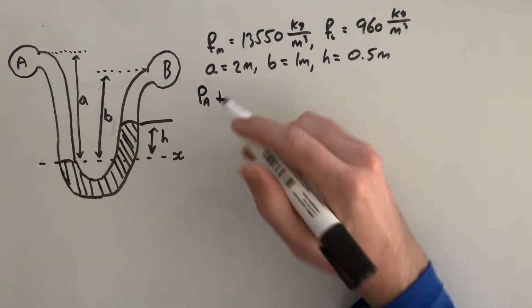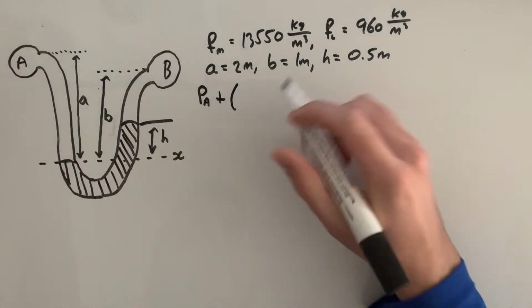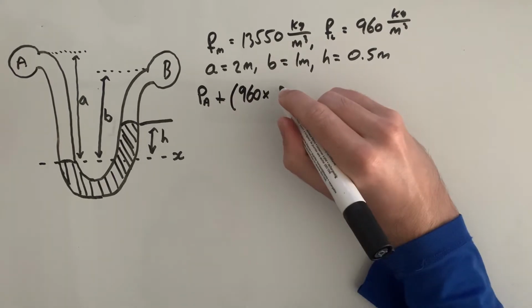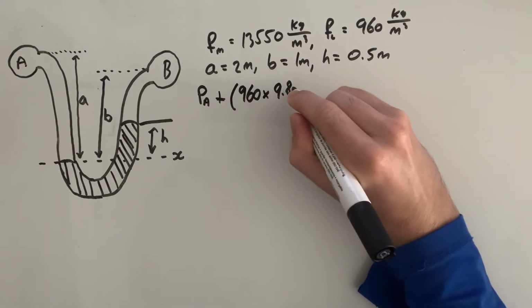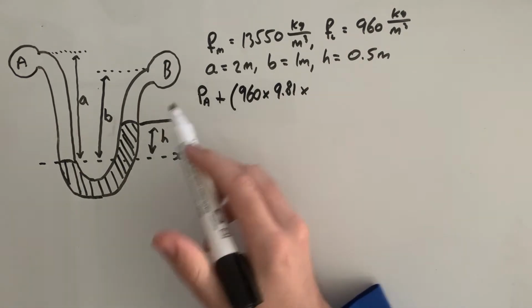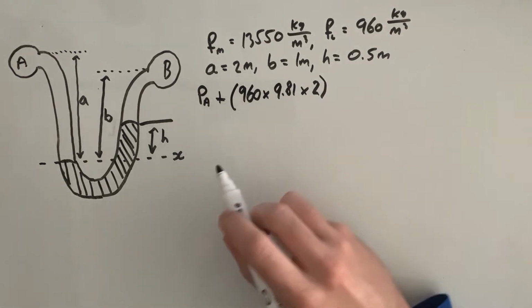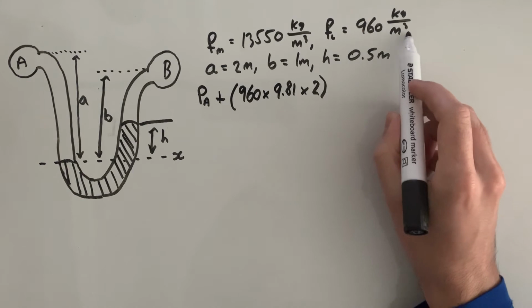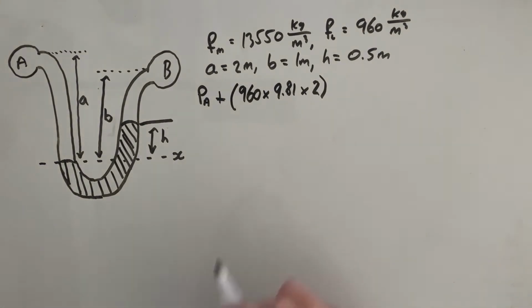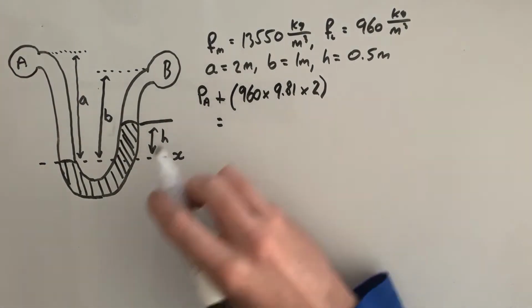In this left-hand arm, this is all fluid L, so the density is 960 kilograms per meter cubed, times g, which is acceleration due to gravity, 9.81 meters per second squared, times our height, well, A, which is 2 meters. And when you're doing this, remember to use units. In this case, we'll omit them because you can see clearly everything's in meters, SI units.